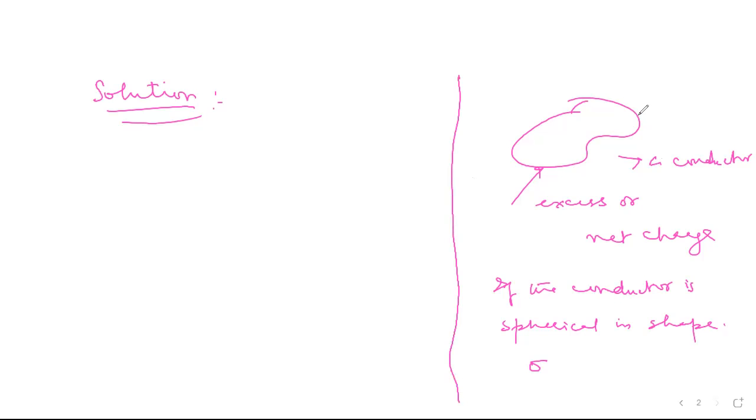Now, if at a certain point P of the surface the surface charge density is sigma, then the electric field just outside that point due to the charge is sigma by epsilon naught. And that electric field is perpendicular to the surface.